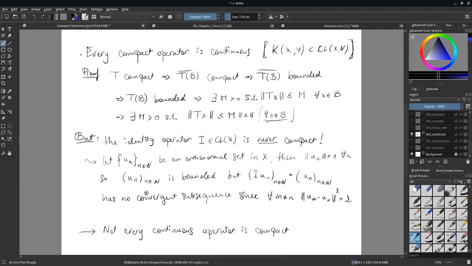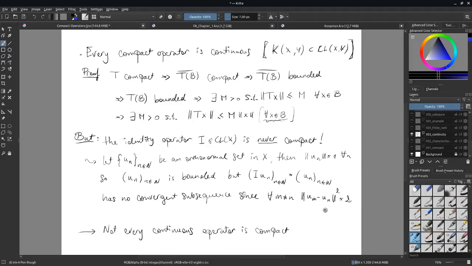So we have this bounded sequence of vectors, but it's easy to see that the sequence identity applied to un, which is just un, has no convergent subsequence. The reason is that for any m and n being different numbers, the norm squared of um minus un is equal to 2. So the identity operator here is not compact, because this sequence cannot have any convergent subsequence.